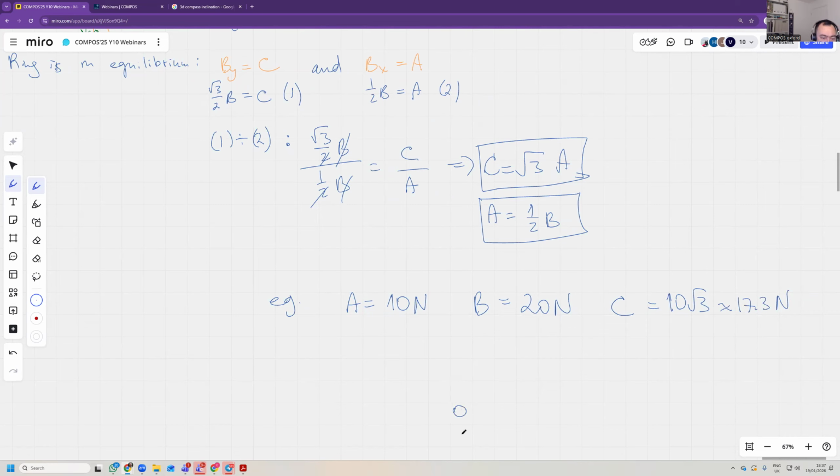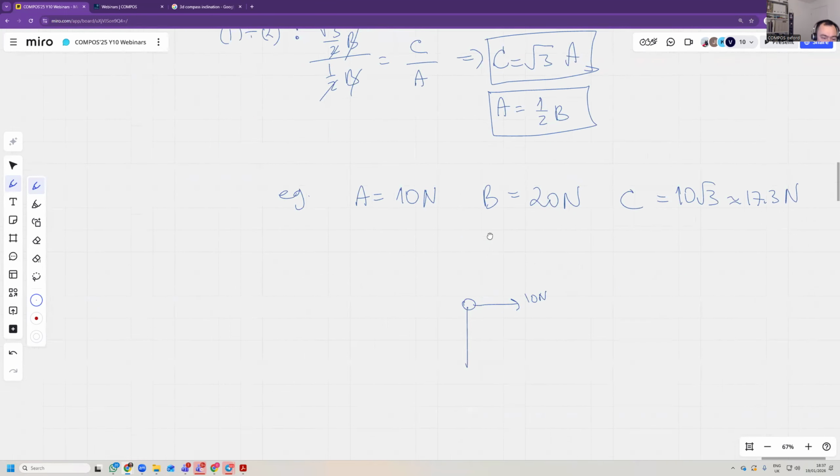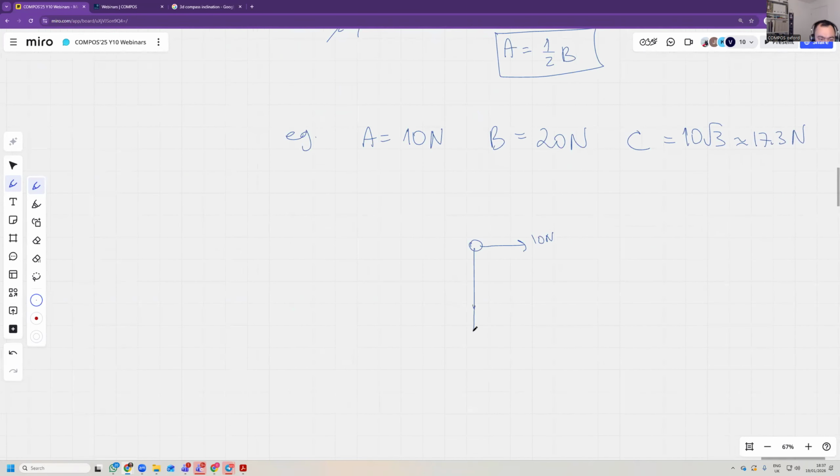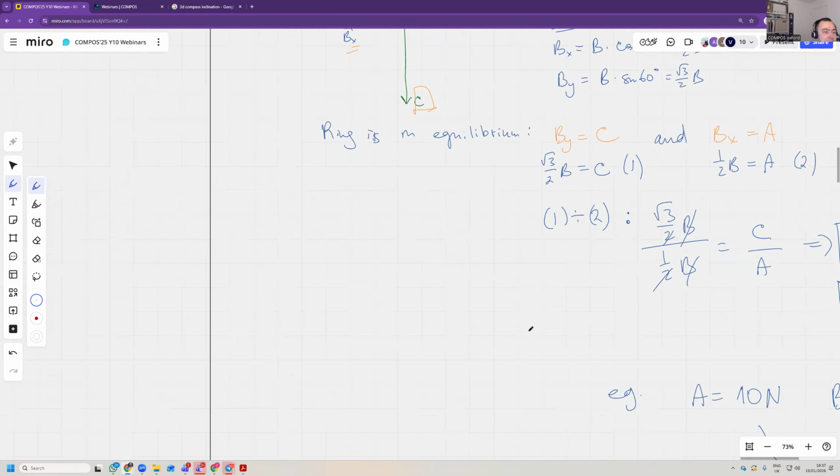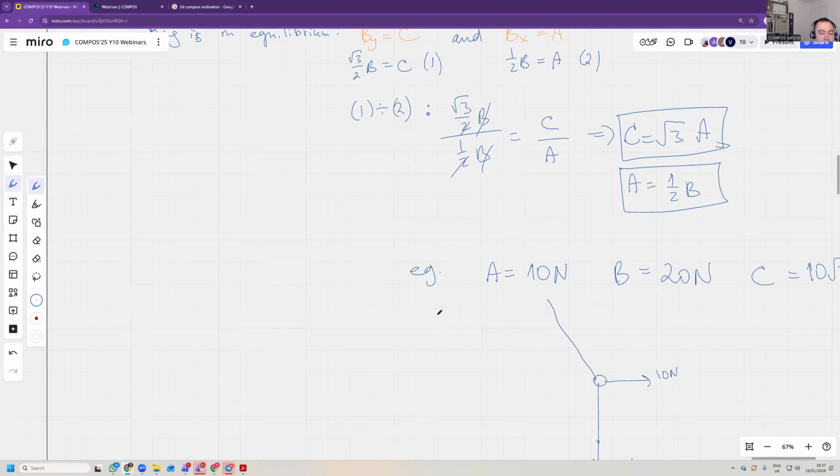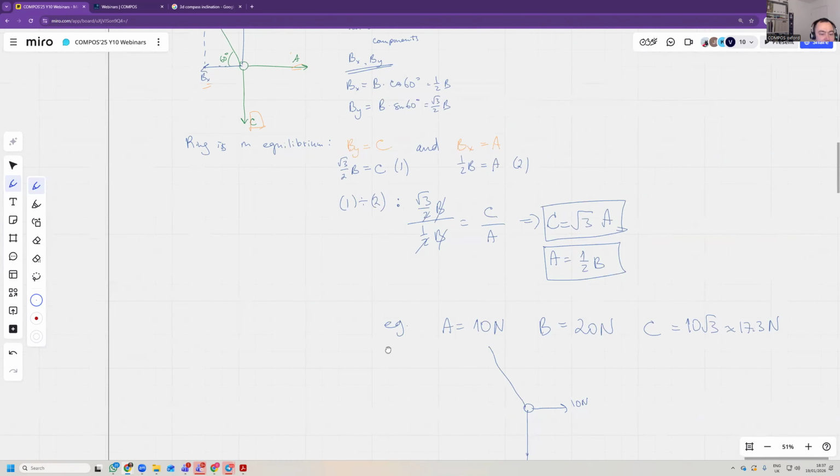So this is the ring. A pulls to the right, so that's 10 newtons. B pulls down, which is 20 newtons. And C, no, what am I saying? No, C is down. A is to the right.